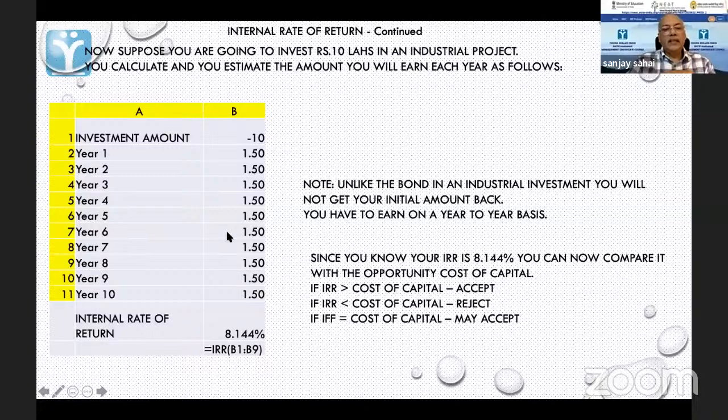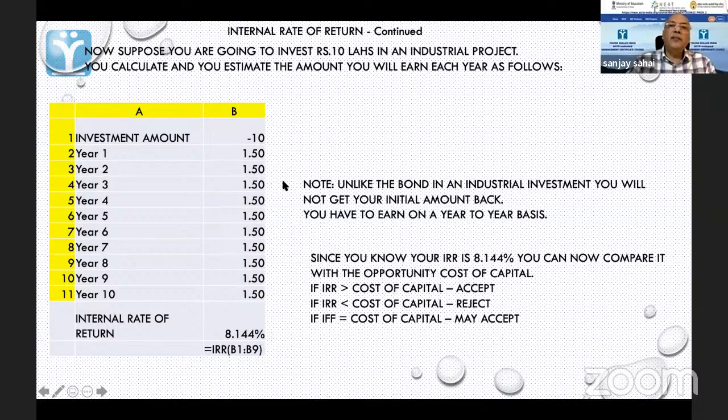Now here, this is the same example which we used for NPV, where we were trying to tell you that it is not worth investing because my opportunity cost was 11. Here, I was getting a negative NPV. Why was I getting a negative NPV? Because the actual rate of return is only 8.144.